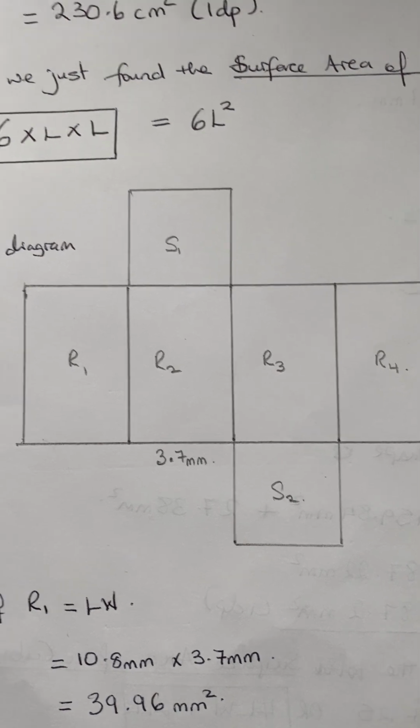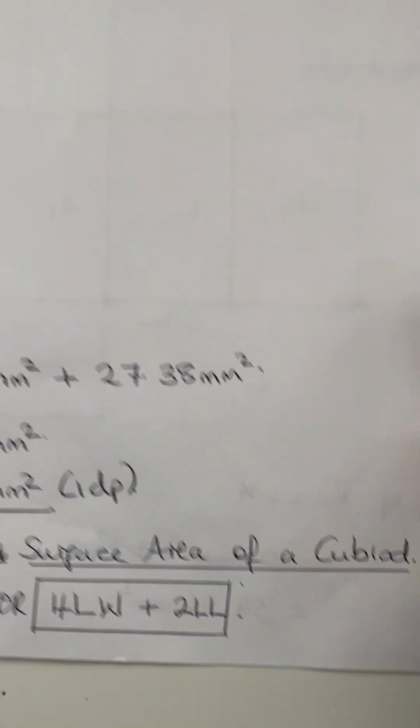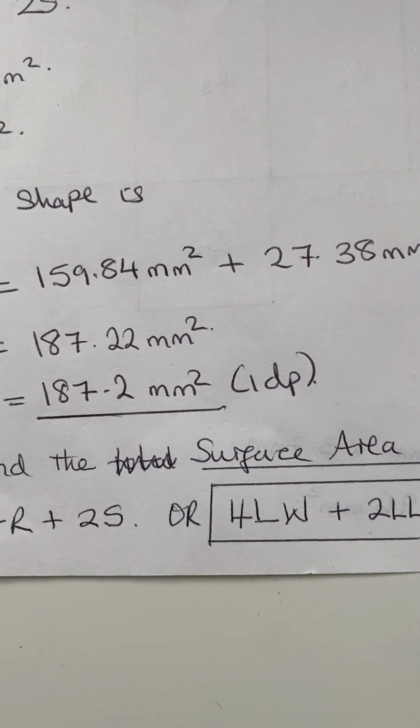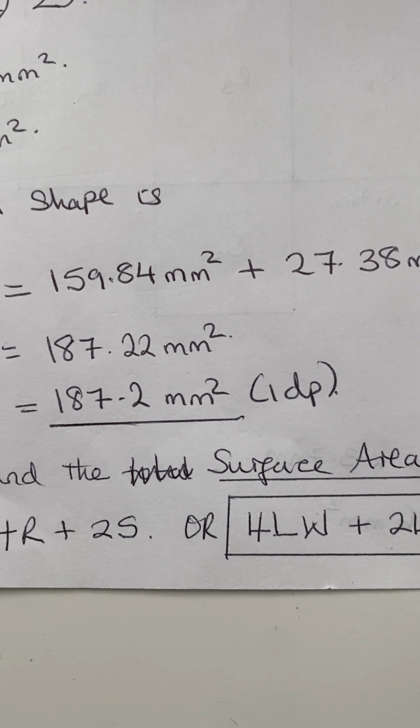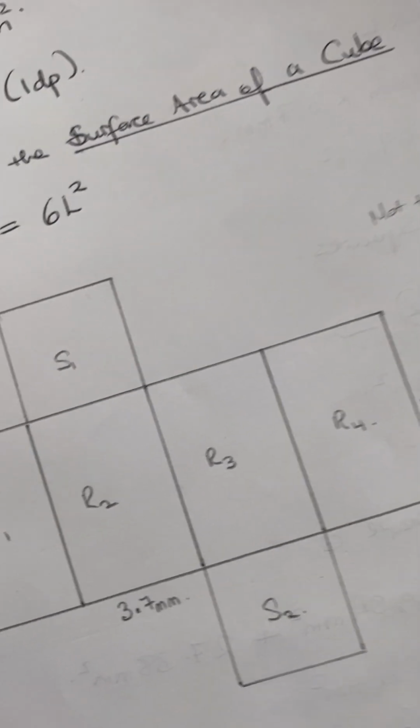We have a cuboid. So actually, what we've just found is the surface area of a cuboid. Now a cuboid can be, let's go back to the diagram.